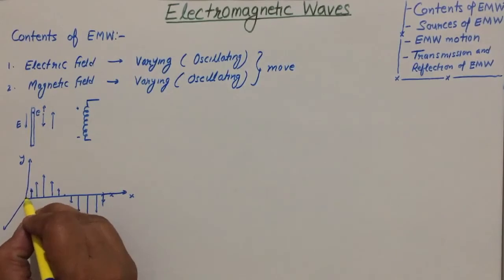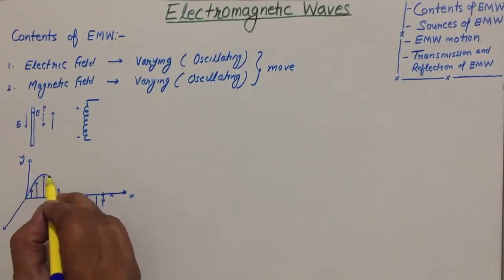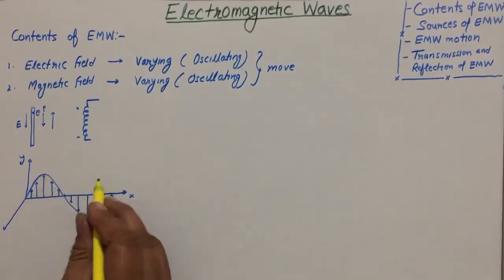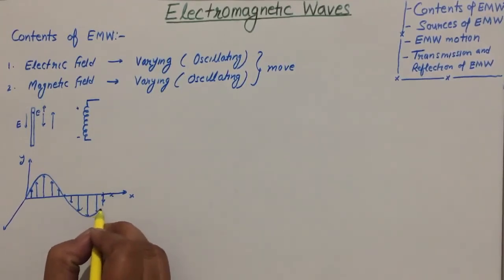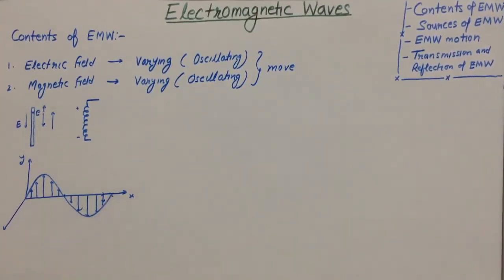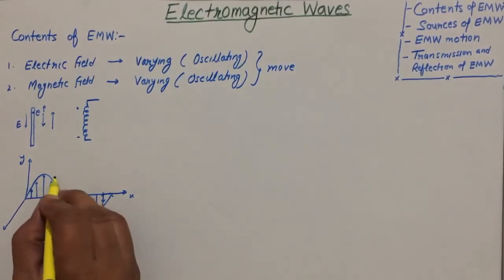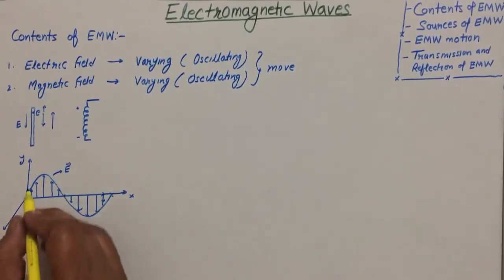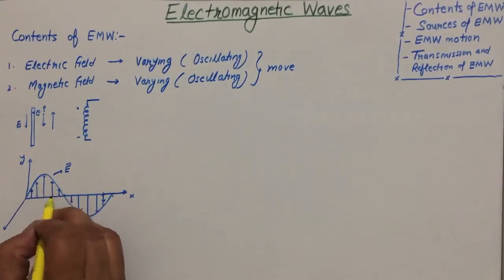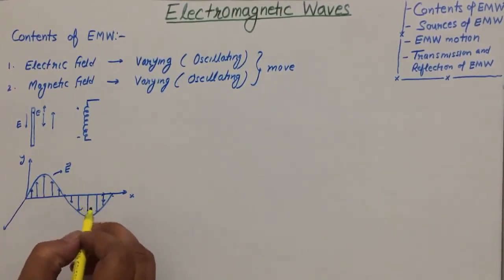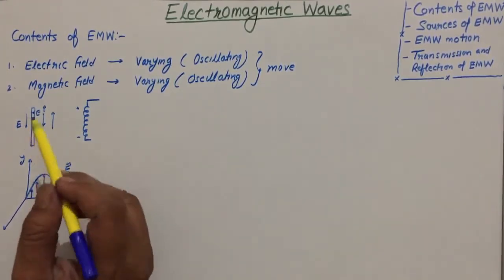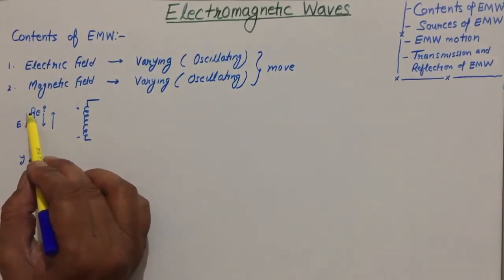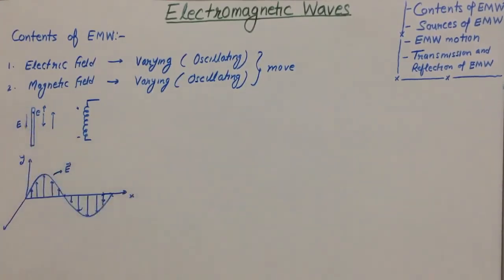So it forms an envelope like this. This is the electric field. It oscillates with different amplitude, and that is causing the oscillation in the electron.